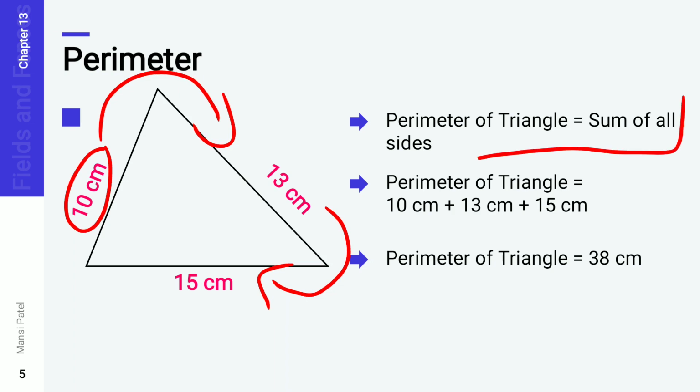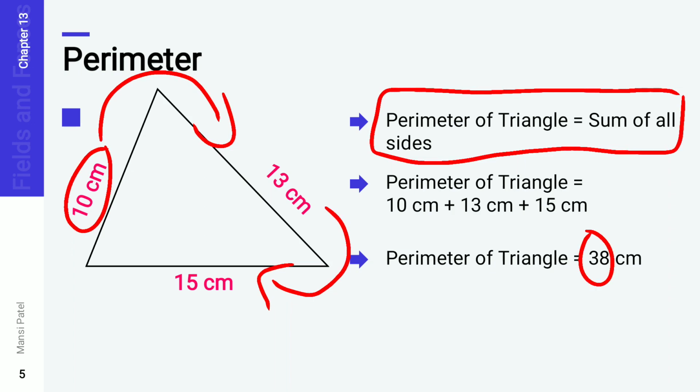Perimeter of a triangle is equal to the sum of all sides. This is the formula. And see here, this 38 is your answer, and as we are finding the perimeter, we have to write down only the unit, that is centimeter only.